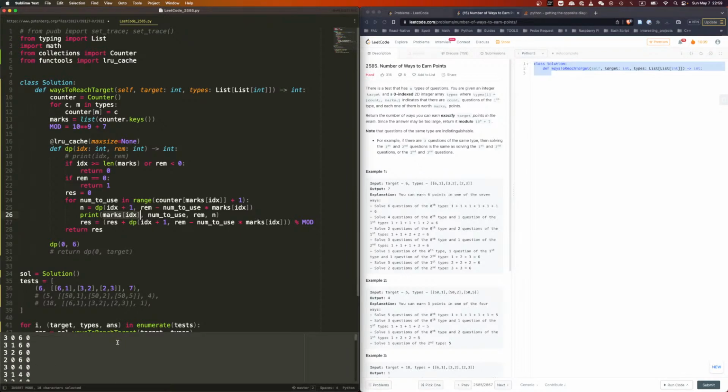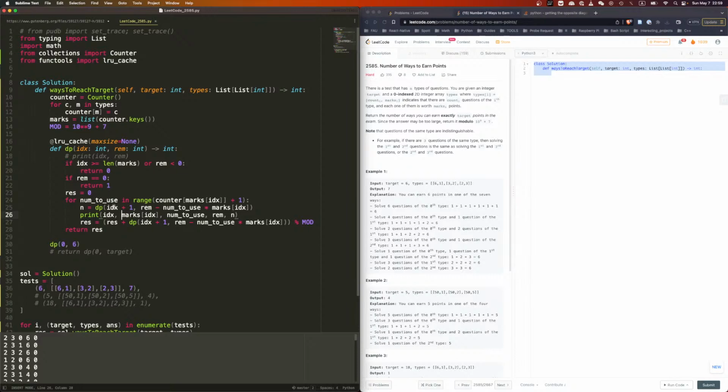So why the 3? Marks 3. Num to use 0. Doesn't make any sense. Index.